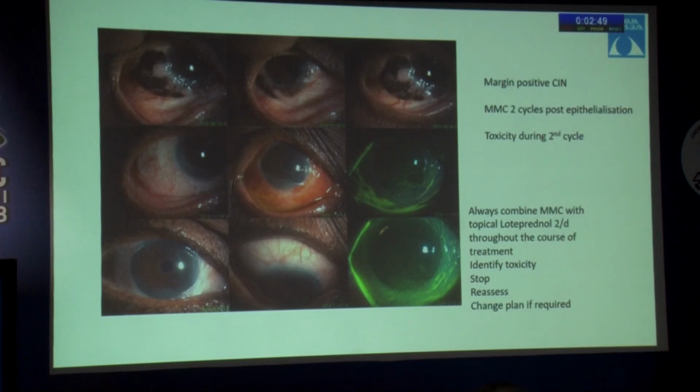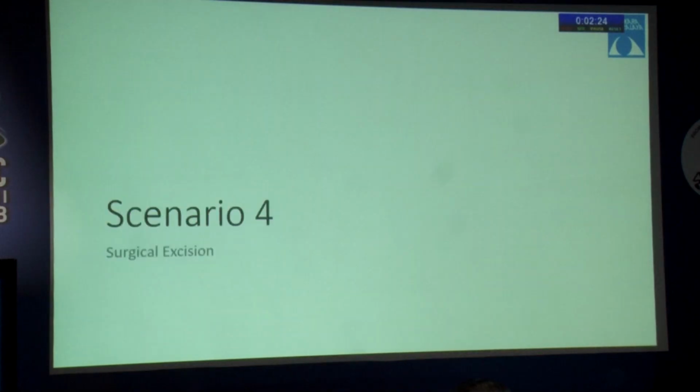So we did a surgical excision, and then since the margin was positive for CIN, we initiated this patient on topical chemotherapy post-operatively, 2 cycles of mitomycin C, and this was a patient who developed a toxicity with mitomycin C. So always when you are prescribing mitomycin C in these patients, you combine it with loteprednol throughout the course of the treatment, identify toxicity, stop, reassess, and change the plan if required.